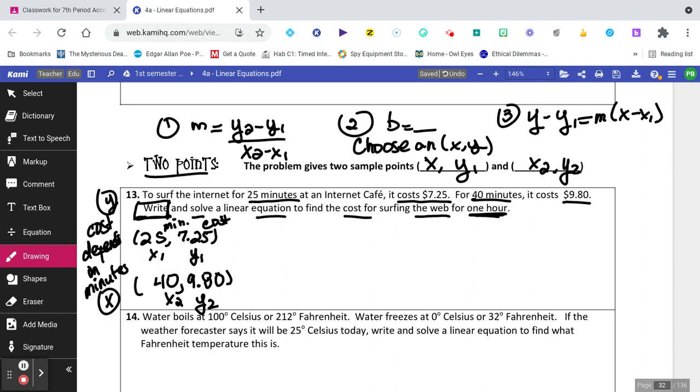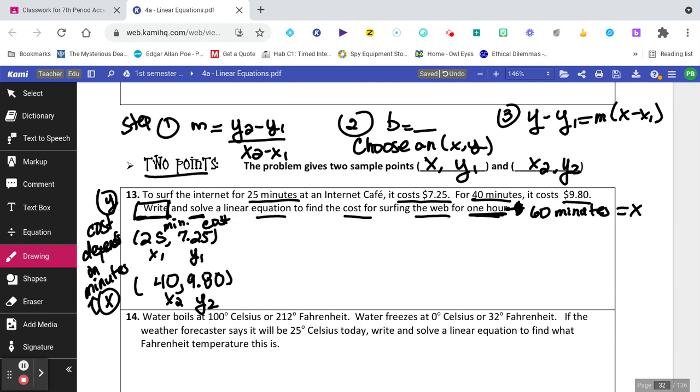The problem says 1 hour, but 1 hour is not in terms of minutes, so I'm going to fix it and put 60 minutes. But again, I won't use that until I get ready to solve and write the equation first. And I know minutes is an x, not a y. So I'm going to do step 1 here.